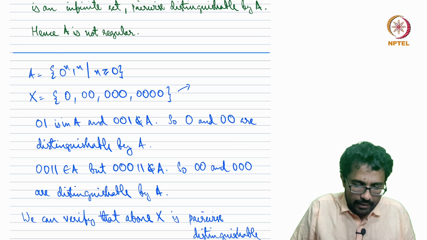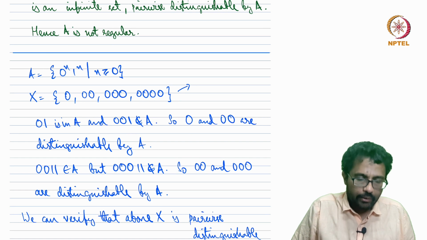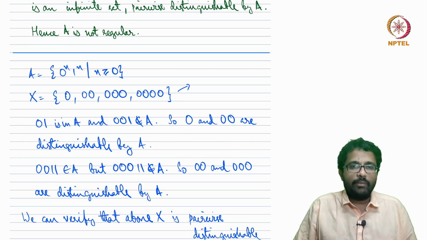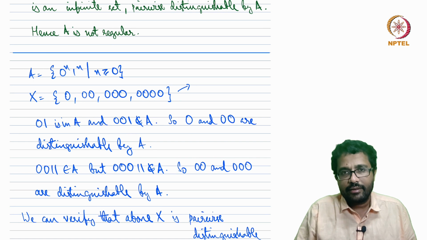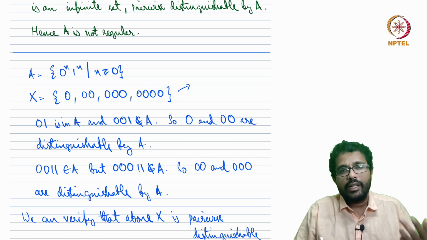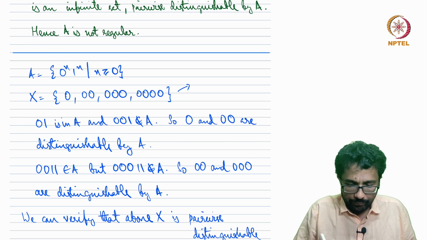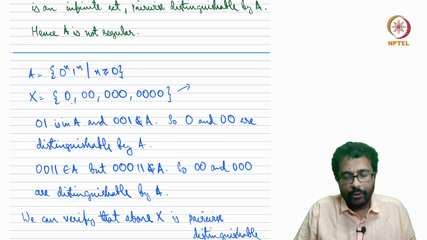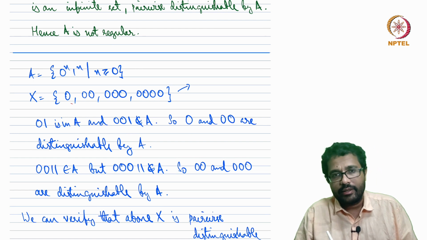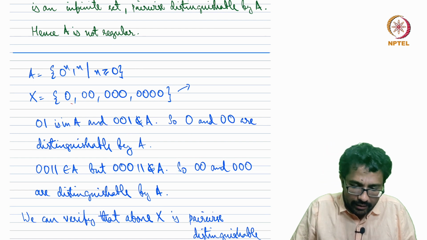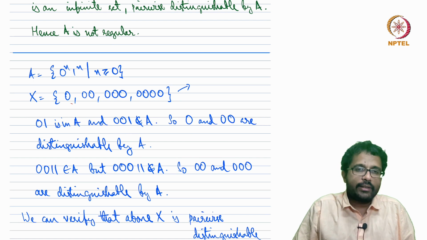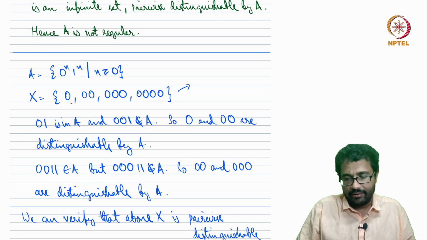So the first string 0 is distinguishable from any other string in the set. Similarly, if you consider appending 1 1, then 0 1 1 is not in the language, but 0 0 1 1 is in the language. Hence the second string 0 0 is pairwise distinguishable from all the other strings.